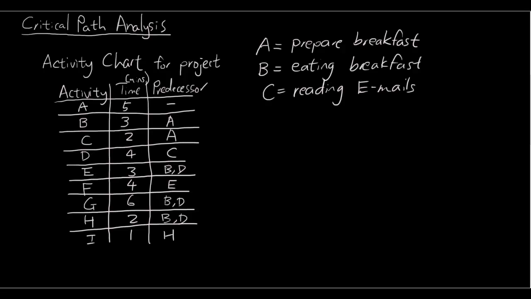E can only be started when both B and D are completed, and so on. Okay, so it doesn't matter what project it is, it doesn't matter what each activity means, we just want to be able to draw the network diagram for this activity chart.